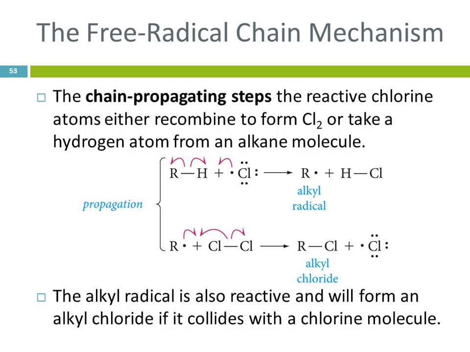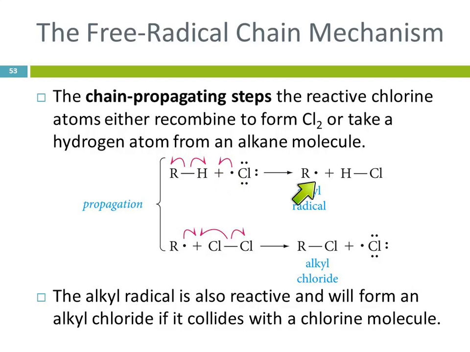So the next step is the chain propagating step. These reactive chlorine atoms could react with each other and recombine to form Cl2. That can happen. The other thing is this reactive chlorine atom can say, hey, hydrogen, I'll share this electron with you if you share one of your electrons with me.